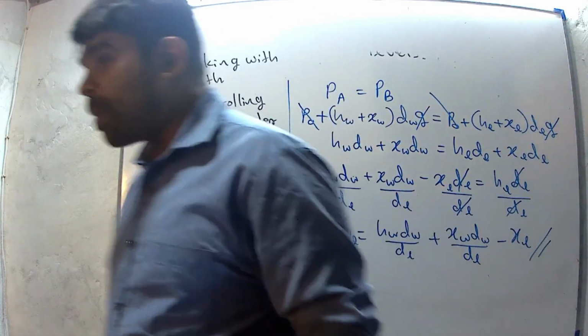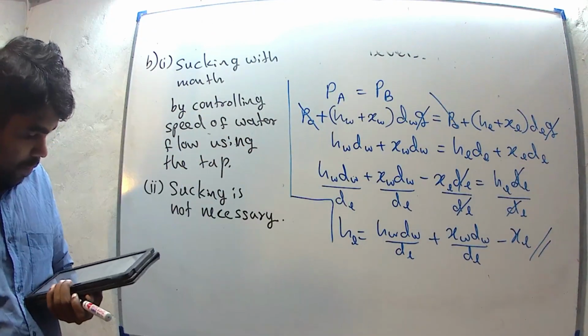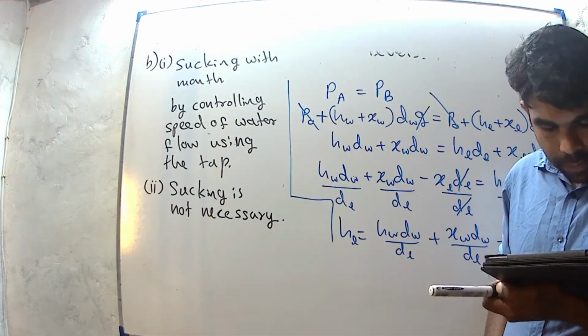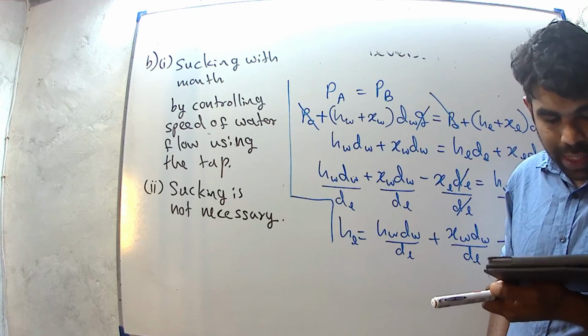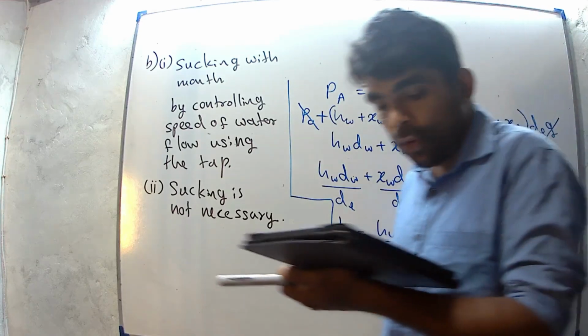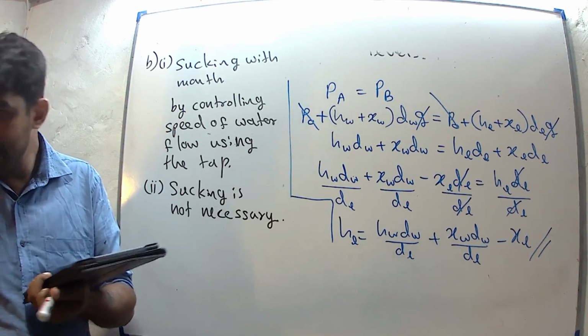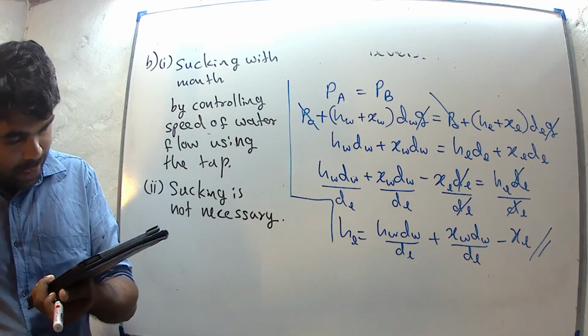Maximum fractional error. We can find the minimum height of water column used to plot the graph by using the graph. We observe the maximum fractional error for the minimum height.